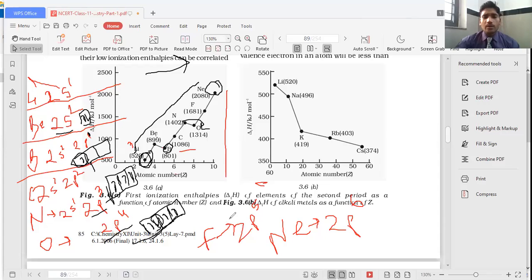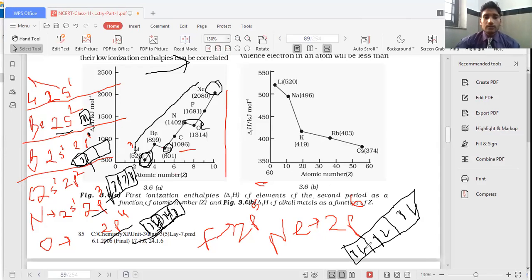Now move from oxygen to fluorine. 1 more electron is present. It's okay. Let it be present. After that, neon. In neon, you are having 2p6. I have already told you that to remove electron from a completely half filled or from completely full filled is quite difficult. Why? Because in case of complete half filling or complete full filling, the orbitals are stable.